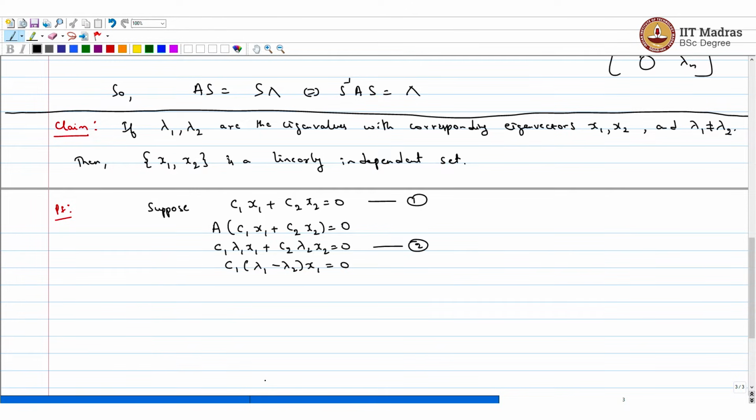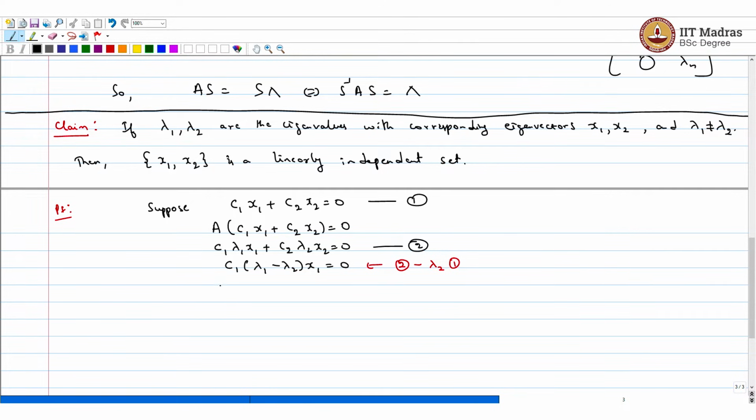How did I get this? This I obtained by taking equation 2 minus lambda 2 times equation 1.